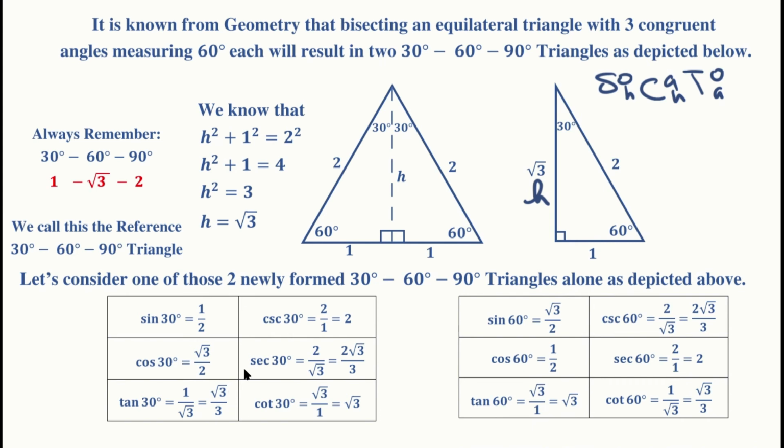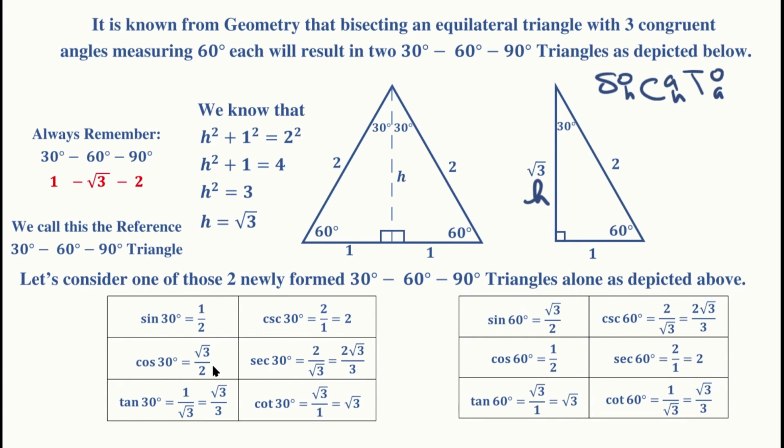Now the cosecant of 30, of course, is just going to be the reciprocal of that. So 2 over 1, which is 2, or you can think of it as hypotenuse over opposite, so you would just be reversing that direction. For the cosecant, hypotenuse over opposite will be 2 over 1, which is 2.